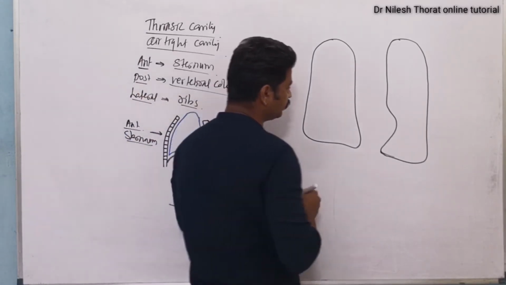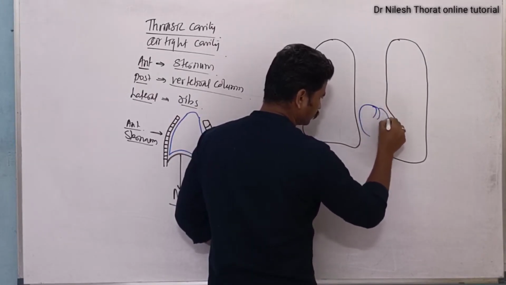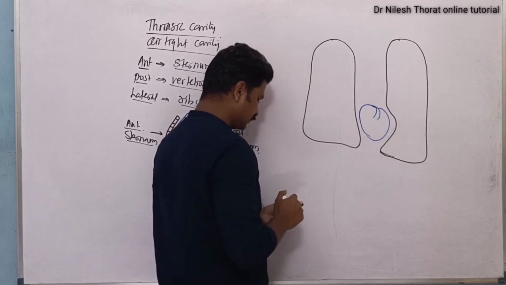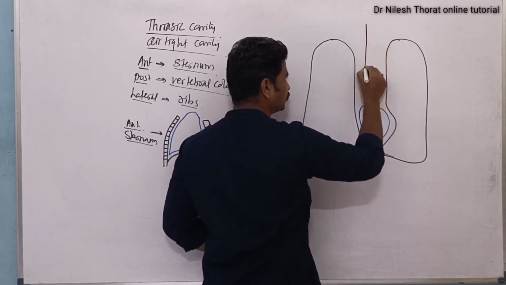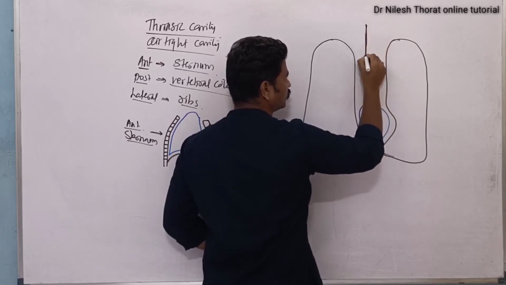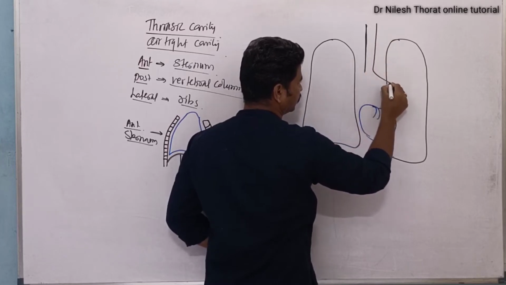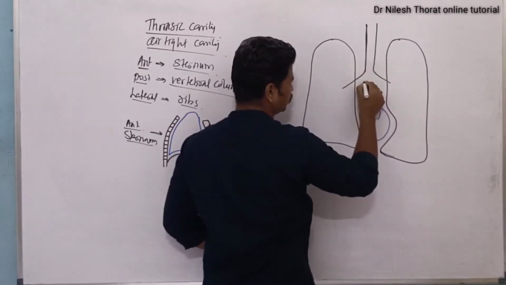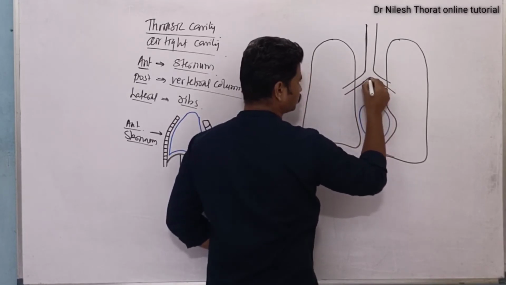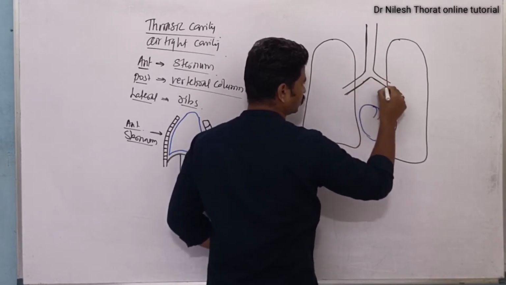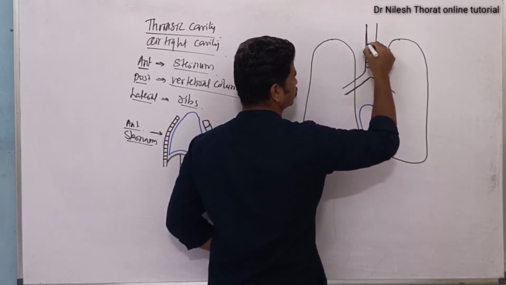So this is the point where the heart is situated. Clear? And here in the mediastinum we can visualize the trachea, which bifurcates into two tubes and is supported by cartilaginous rings.